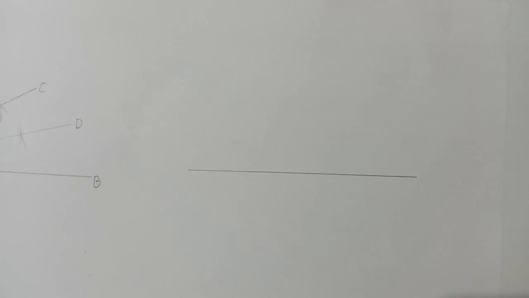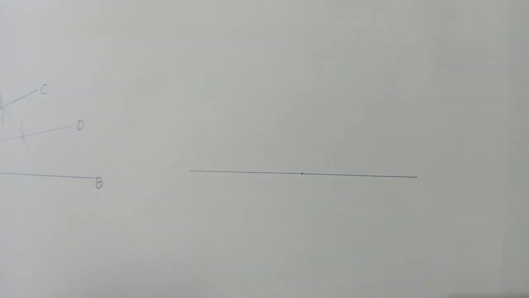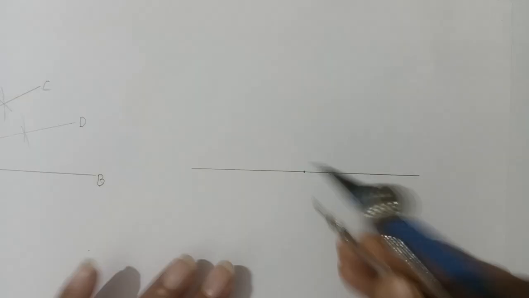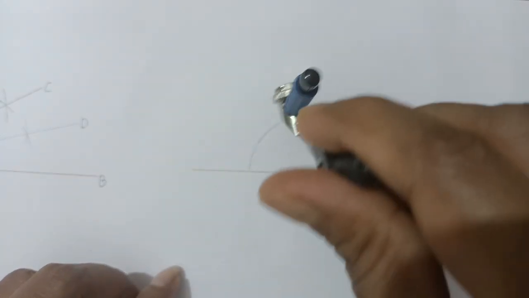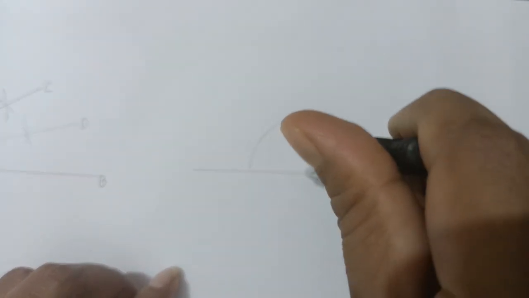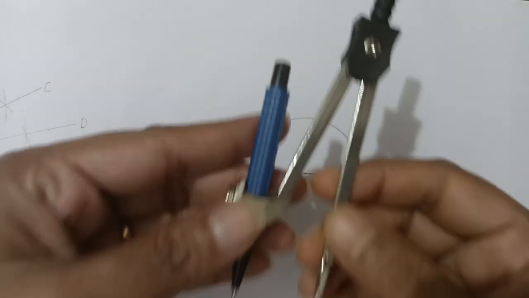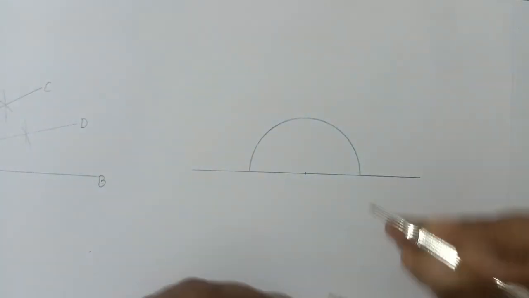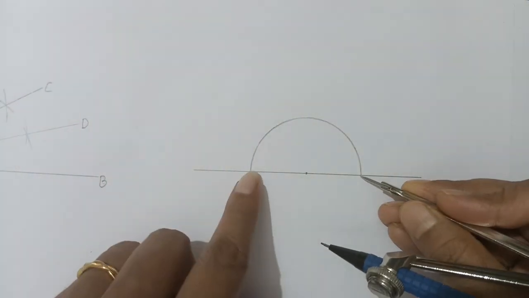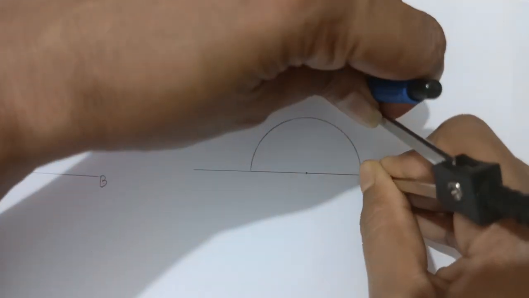For that we have to make a line first, then place a point on this line. Placing the pointer on this point lying on the line, we have to make a semicircle. Now we can increase this length. Now by placing the compass in both ends of the semicircle, we have to make an arc. Increase it more.